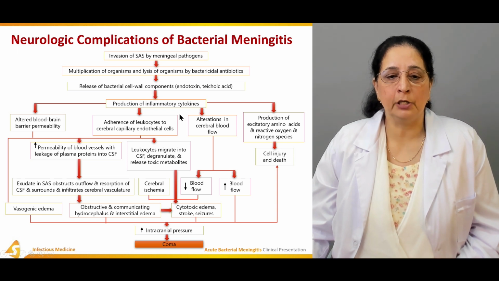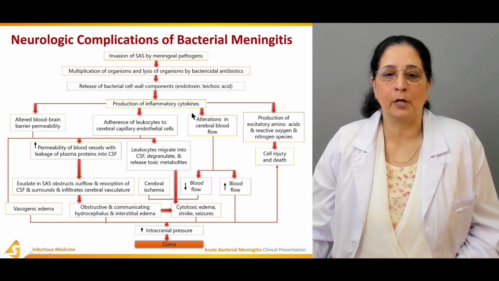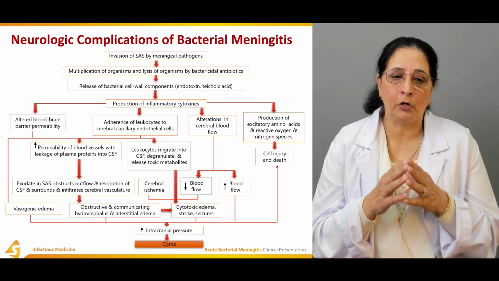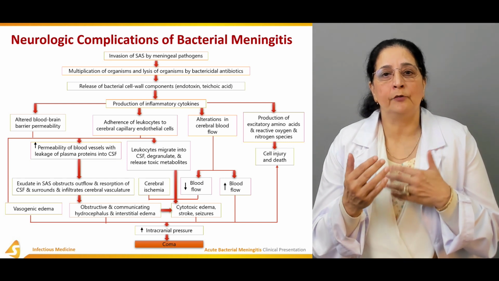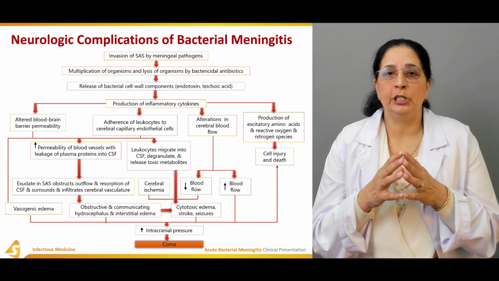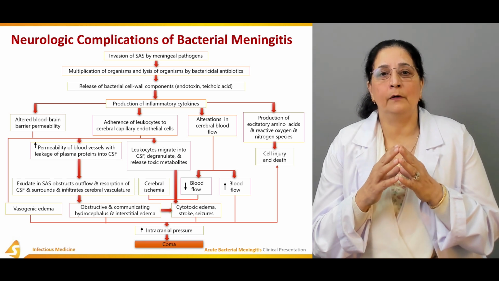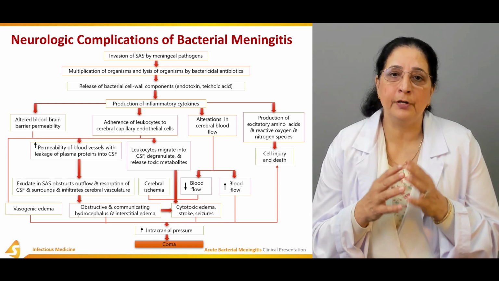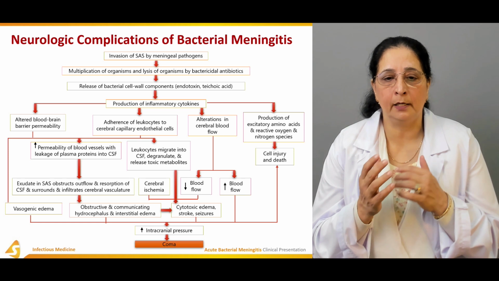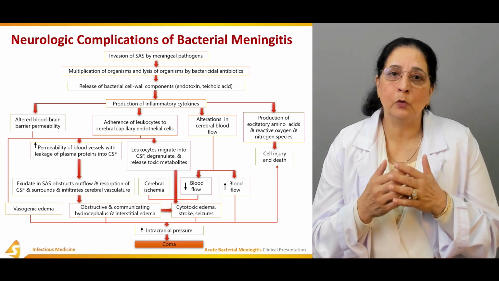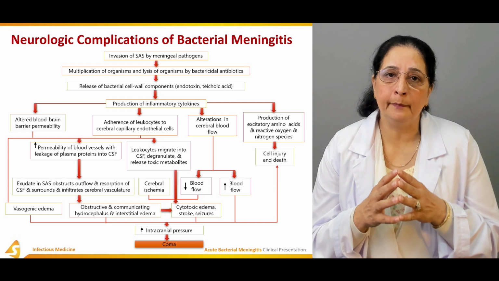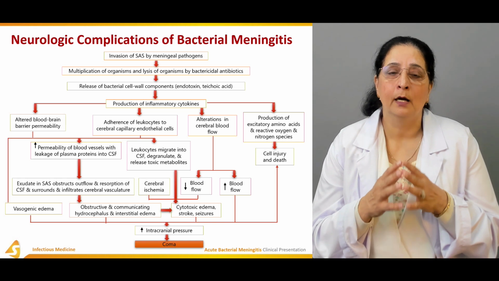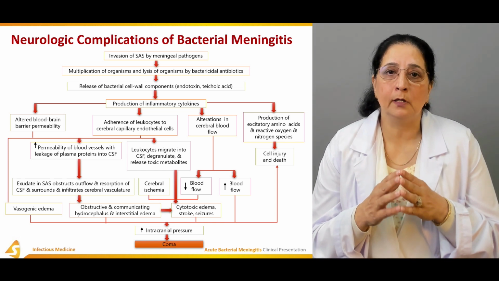There is production of inflammatory cytokines. Same as we talked about in the pathophysiology, the same process occurs again, and the complications occur as a result of the lysis of the bacteria, which causes release of different endotoxins, cytokines, and chemokines, which increase the permeability of the blood vessels, leading to different changes, causing edema and increased vascular permeability.